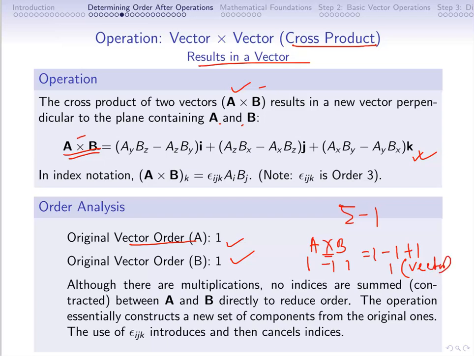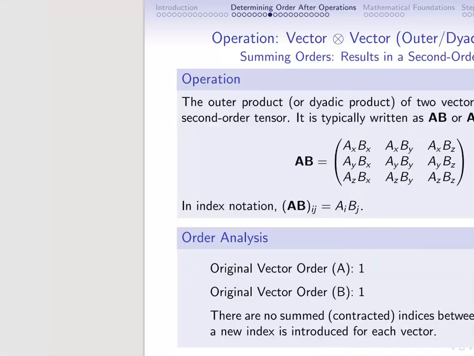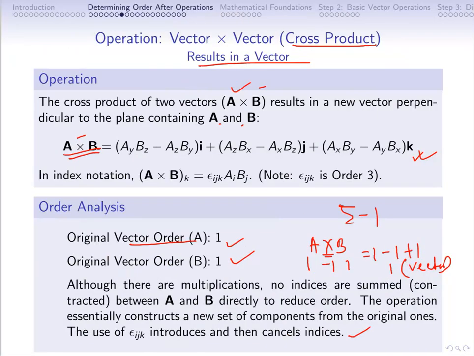Although there is multiplication, no indices are summed or contracted between a and b directly to reduce the order. The operation essentially constructs a new set of components from the original ones. The use of ijk introduces and then cancels indices. So a cross b is a vector, and how, I already discussed.